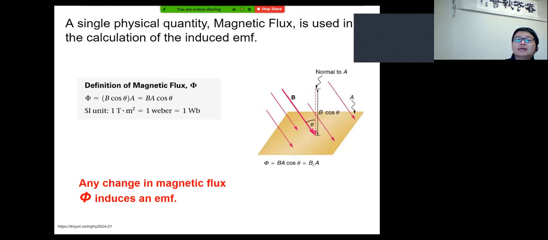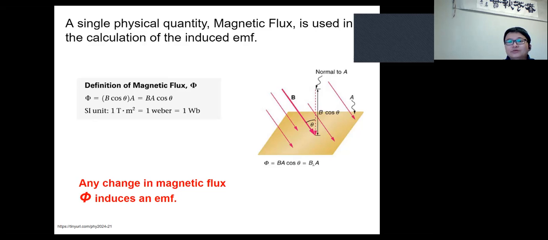So in that sense, any change in magnetic flux will induce an EMF in the coil, okay, or in the loop. So you can achieve this in different ways. One is to increase or decrease the magnetic field, right? And the other way is to either increase or decrease the area of your coil.